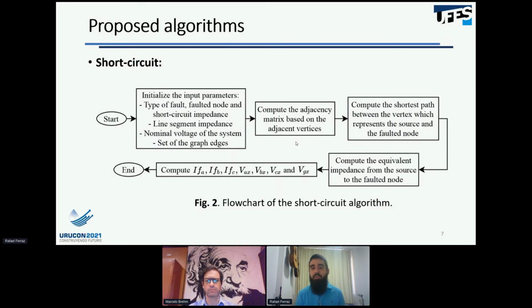Then we compute the adjacency matrix based on the adjacent vertices, and then we compute the shortest path between the vertex, which represents the source, and the faulted node. And finally, we compute the equivalent impedance from the source to the faulted node, so we can obtain the fault current and the voltage. So here we have the fault current of the phases A, B, and C, and the voltage of phases A, B, and C. And we have the ground voltage.